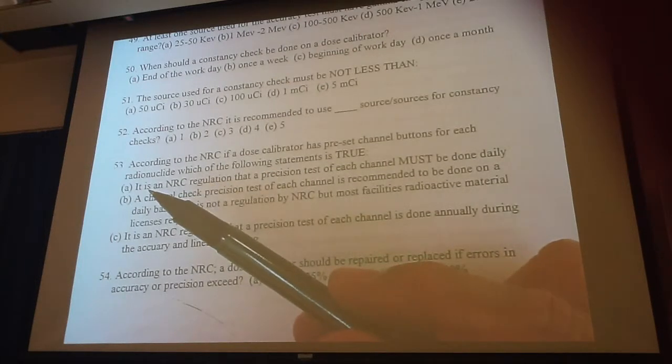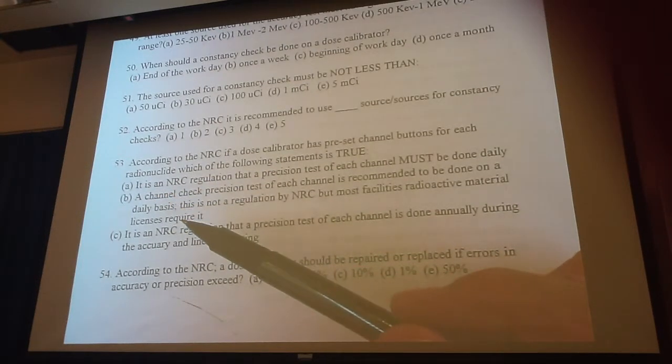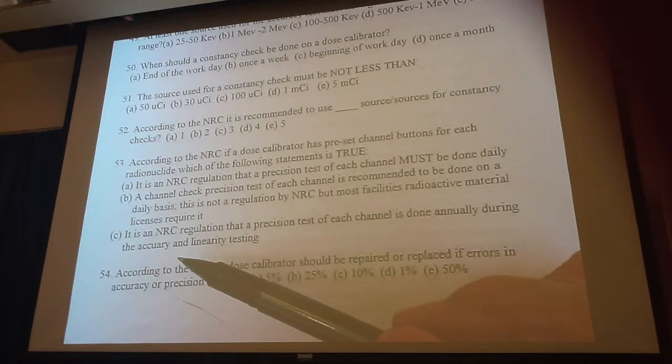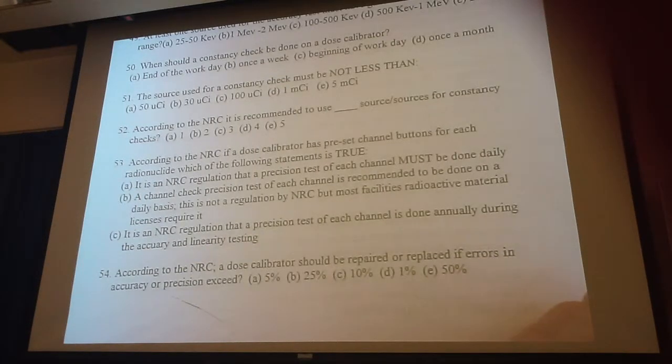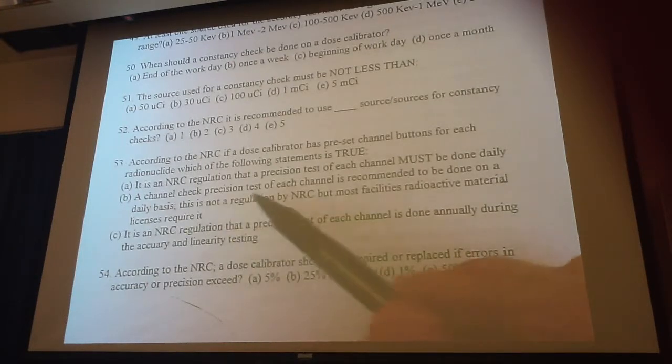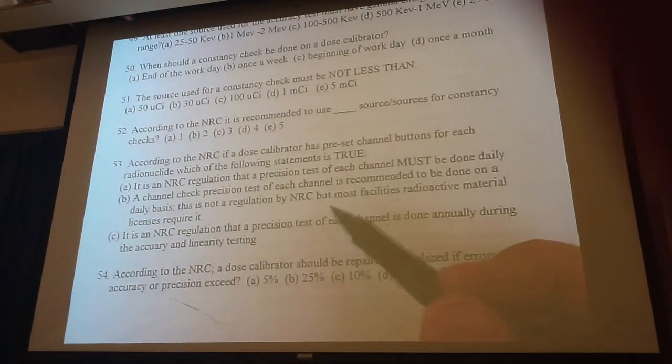Okay, 53. According to the NRC, the dose calibrator has preset channel buttons for each radionuclide. Which statement is true? Okay, letter B. Yeah, the channel check is recommended, but it's not a requirement.